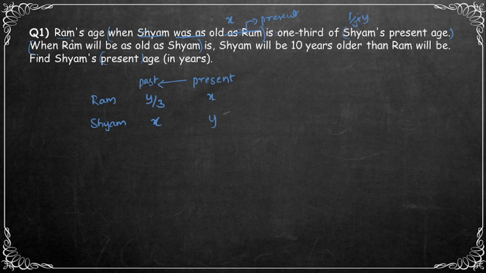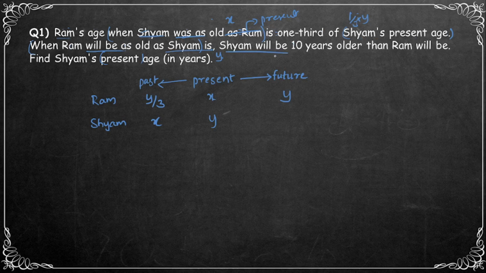The next sentence is when Ram will be, that means they are talking in the future. When Ram will be as old as Shyam is, that means in the present age of Shyam, that is Y. When Ram will be Y years old, Shyam will be 10 years older than Ram will be.